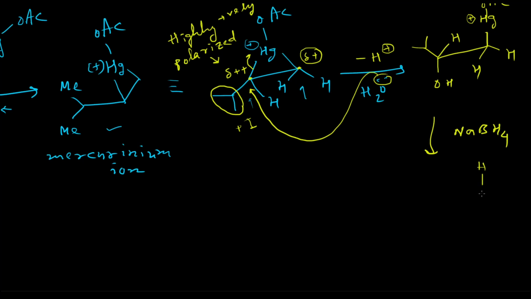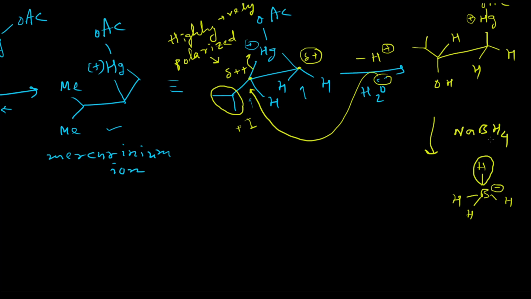Borohydride is a tetrahedral species where the central boron atom has a negative charge, and one of these hydrogens will be delivered to reduce the corresponding species. So it reduces via transfer of hydride anion.